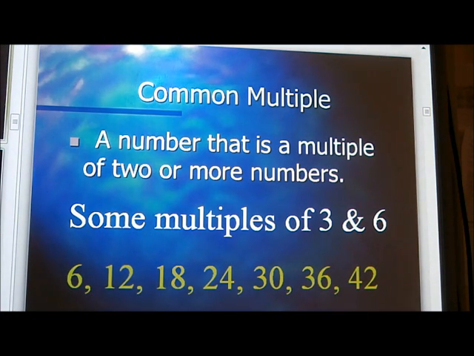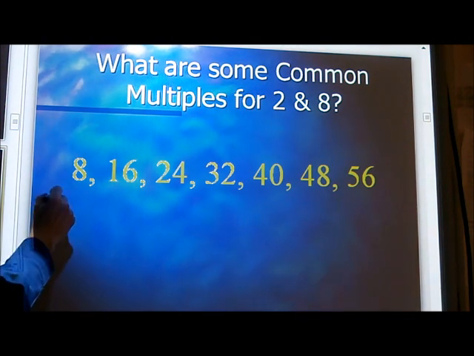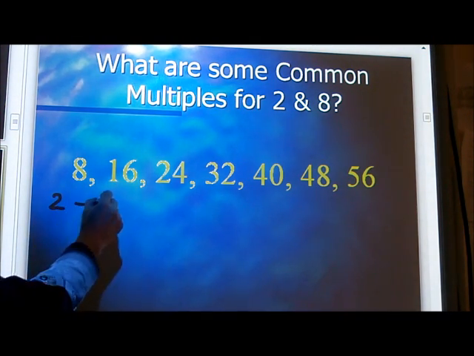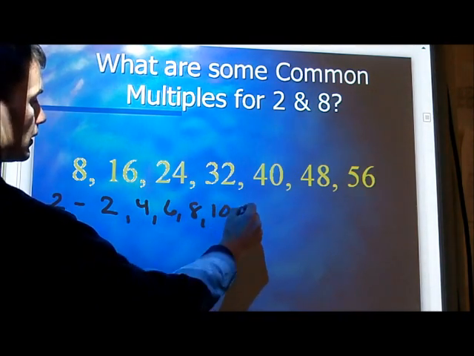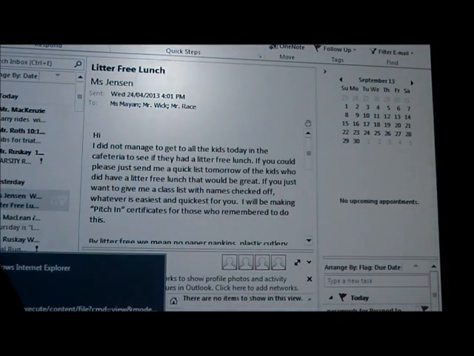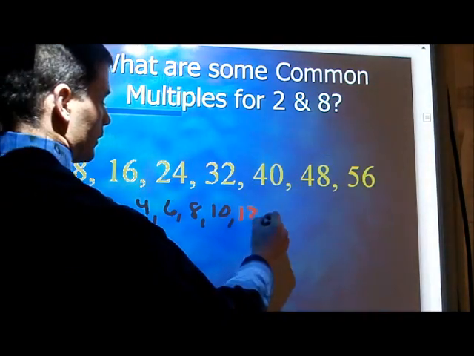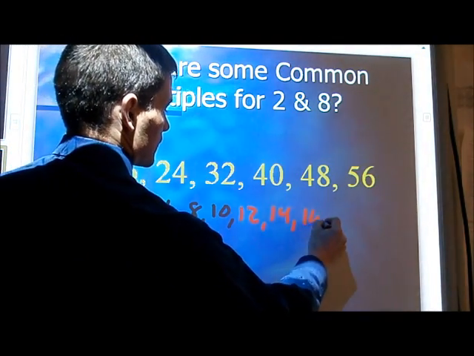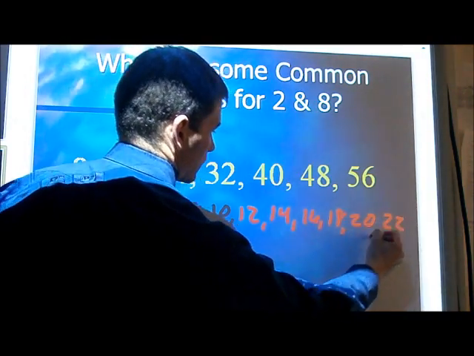So if we have common multiples of 2 and 8, again, if I wrote the multiples of 2 out, 2, 4, 6, 8, 10, I'm going to change colors because it's getting dark. Sorry, my bad. 12, 14, 16, 18, 20, 22.